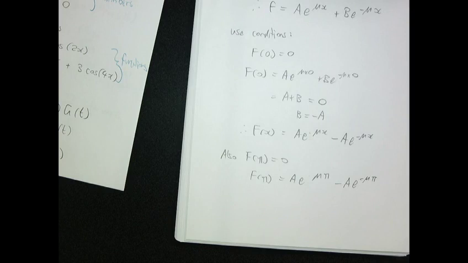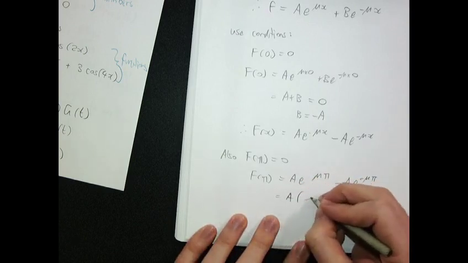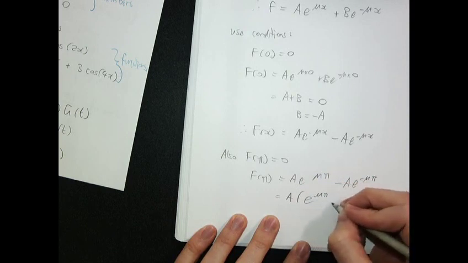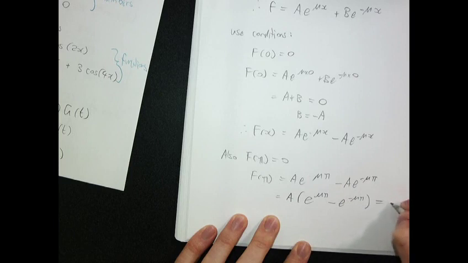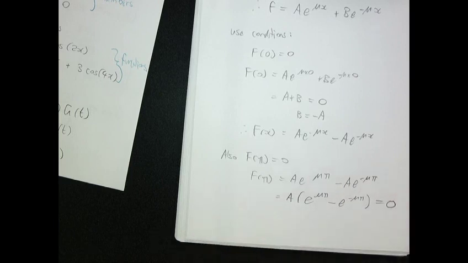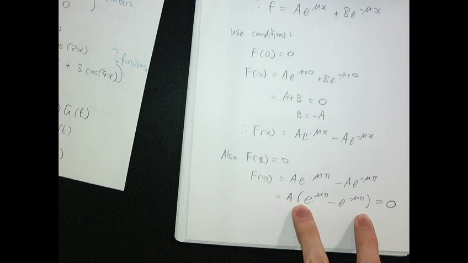I don't like it. But what I am going to do is this. They do both have an a, so pull out the a and note that that has to be equal to 0. So here we go. A times some crazy number is 0, and this number is not 0.